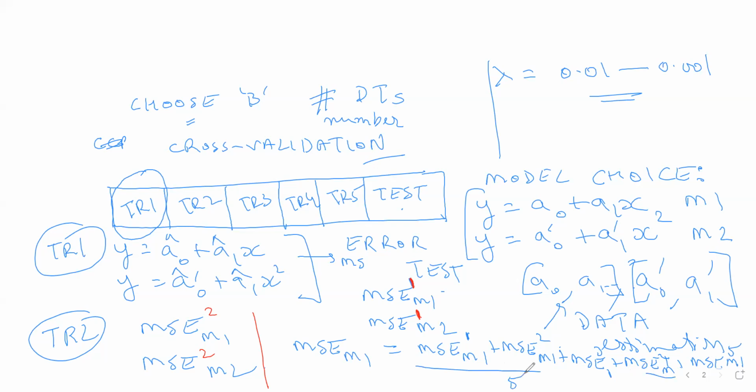Got it? Similarly, for model 2, it will be exactly the same: MSE for model 2 for the first train data plus dot dot dot divided by 5. Exactly the same thing, only M2 rather than M1. You got it?